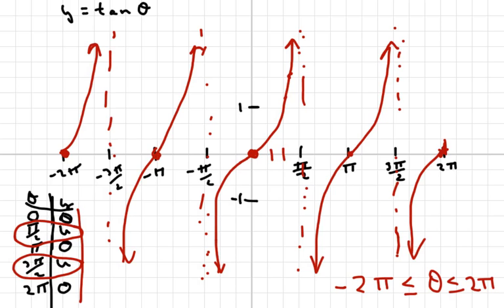Notice the period for tangent is pi, I mean. That means every 180 degrees, it makes a complete wave.